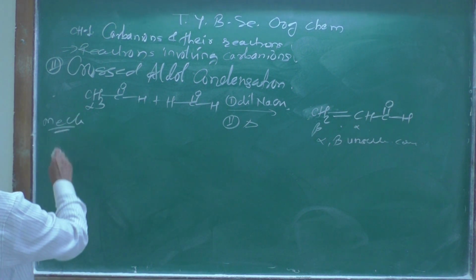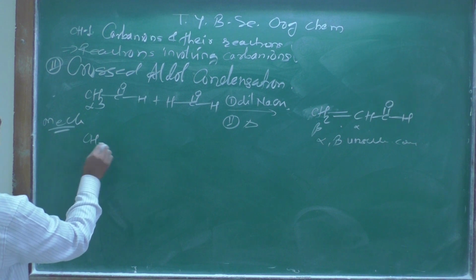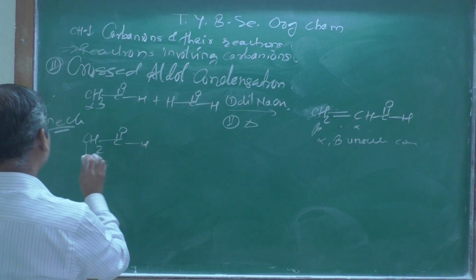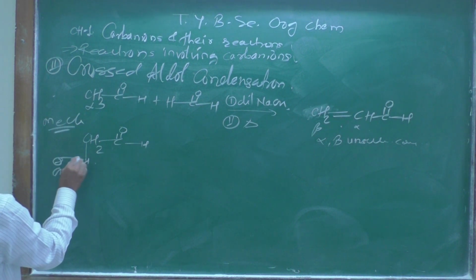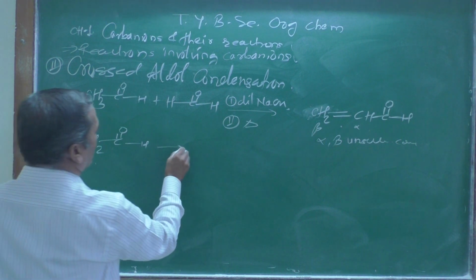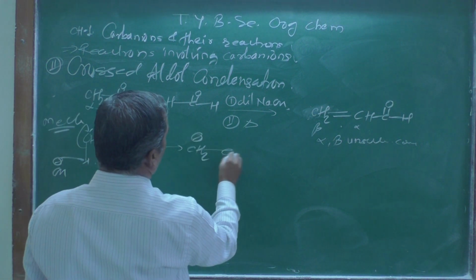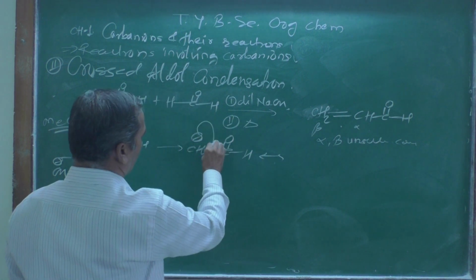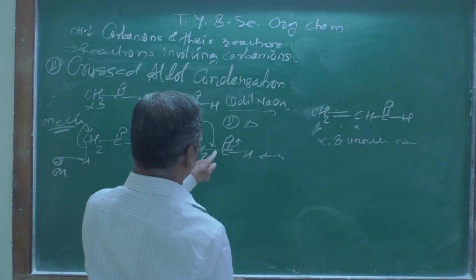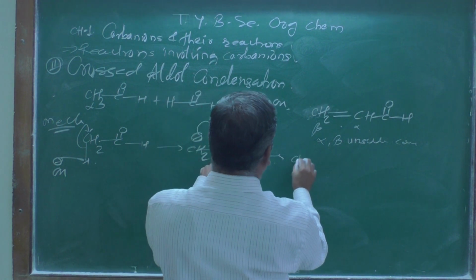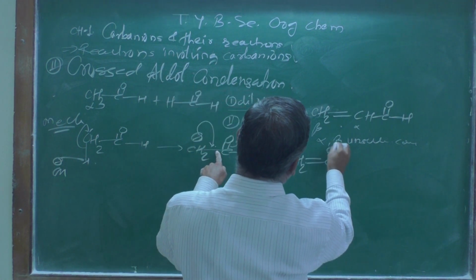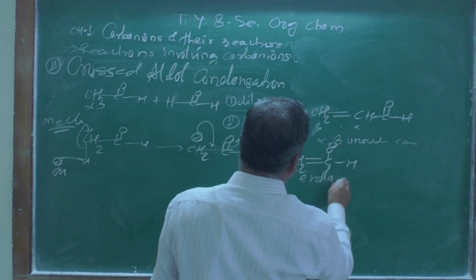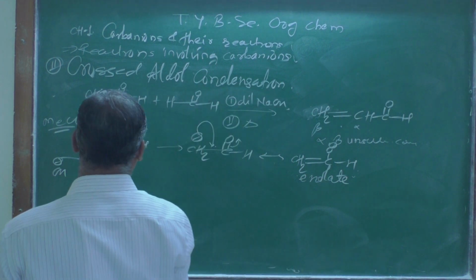Now let us see, in the first step, CH3-CHO: OH minus can abstract the proton from here and form a carbanion, CH2 minus charge, then C=O. Now delocalization takes place, forming a double bond over there, negative charge over there, then CH2=CH-O minus. This species is known as an enolate, right? This species is known as an enolate.